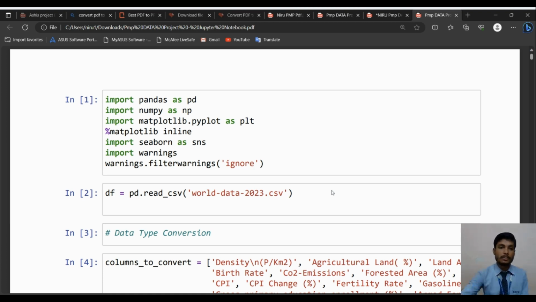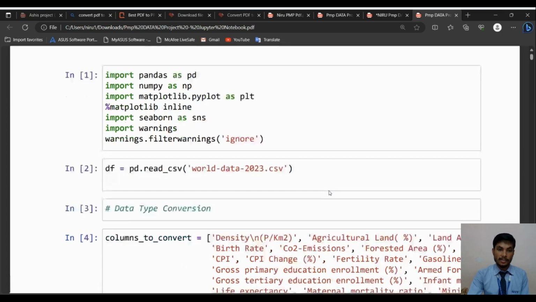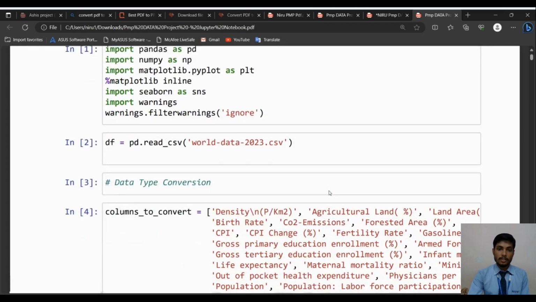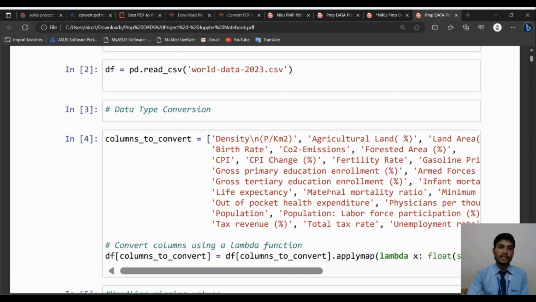Then let me explain this project. You can see the library imports in my project: pandas, numpy, matplotlib, seaborn. Then I loaded my dataset, 2023.csv. Then data type conversion, where we convert columns.